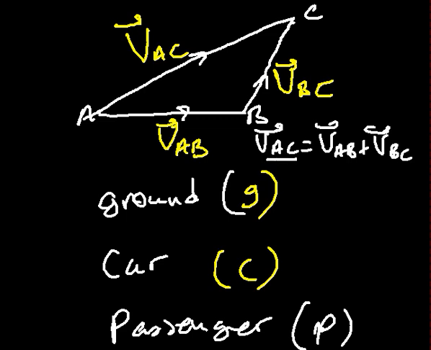Now, if that is the case, then velocity of A with respect to C is given as, now what is the frame of reference which is missing here out of the 3 frames of reference? So you observe that the frame of reference which is missing here is frame of reference B.